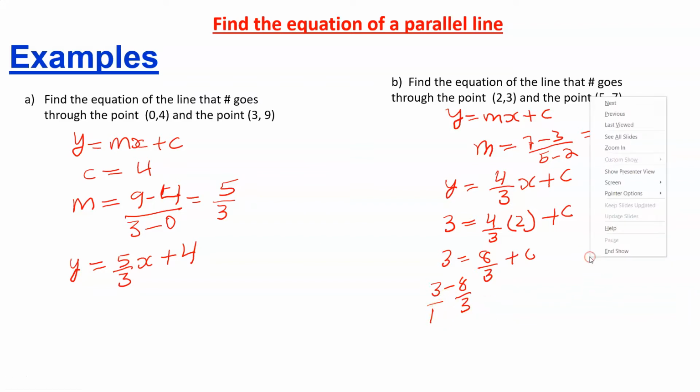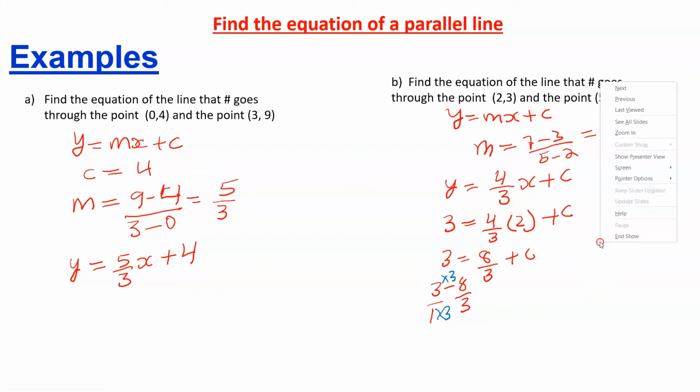Let me change the color. So let us times here by 3 to make the denominators the same. And then we need to times here by 3. Once we've done that, the 2 denominators are the same.